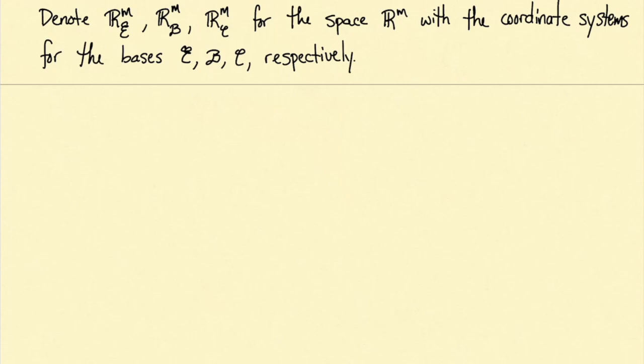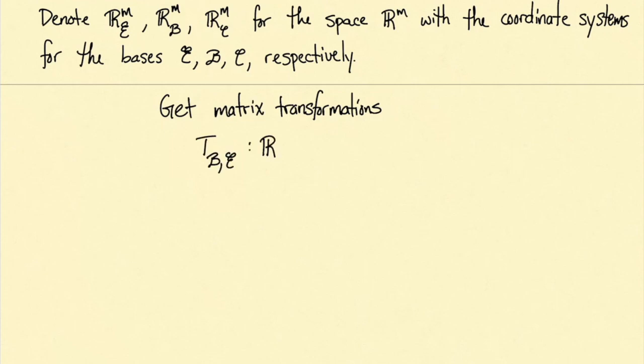For example, we can think of the matrix C sub B as defining a linear transformation, which we'll denote as T sub B,E. So this transformation T sub B,E takes in a vector expressed in the coordinates for B and outputs a vector in the coordinates corresponding to the standard basis.